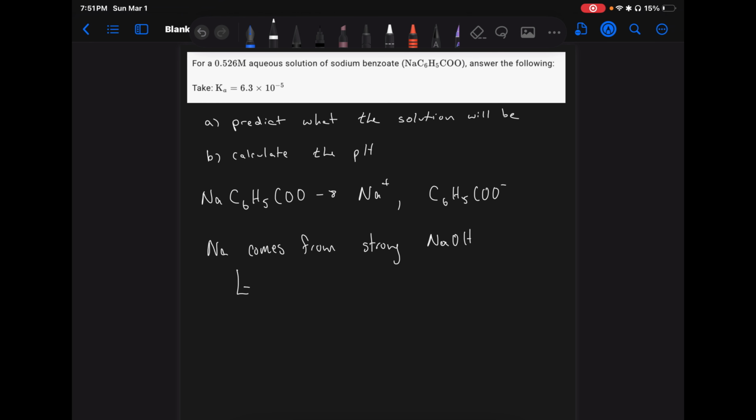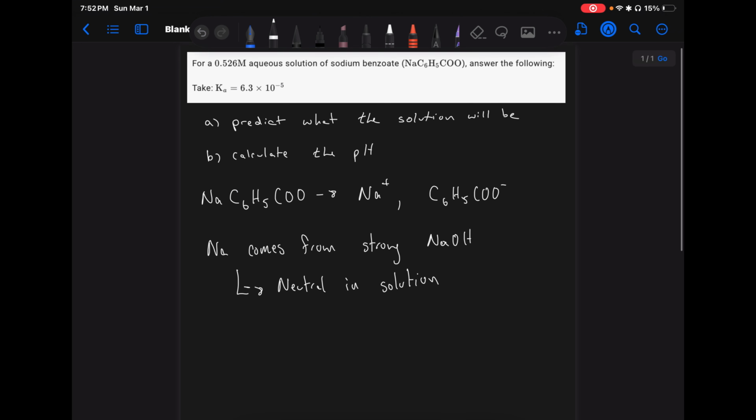So therefore, this will be neutral in solution, because the ion from a strong base just stays neutral. So we don't have to worry about that.